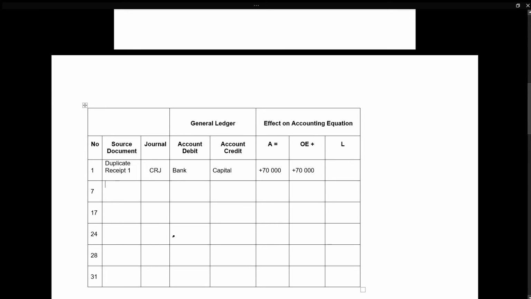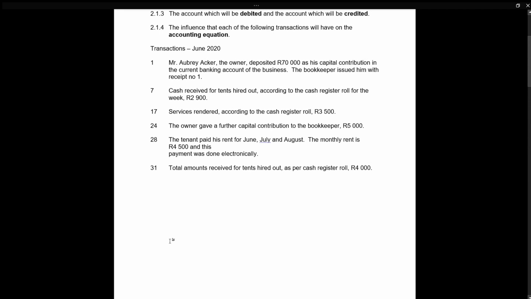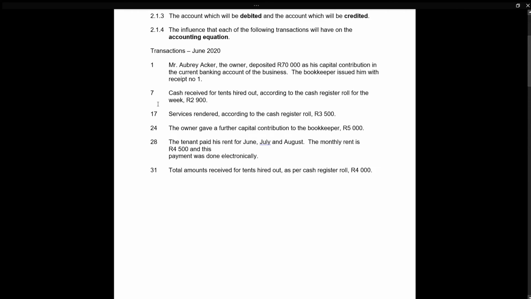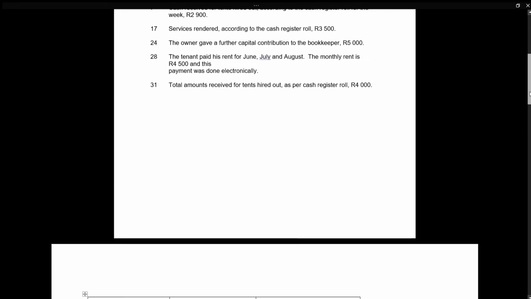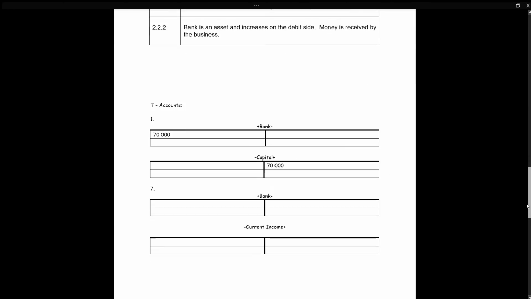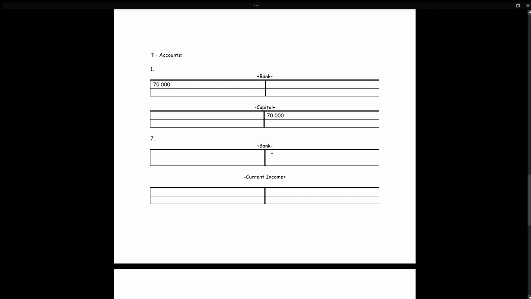Right, next transaction. Next transaction took place on the 7th. Cash received for tents hired out. According to the cash register roll for the week, 2,900 Rand was received. Right, so let's go and do the two T accounts. Bank will be my 1. Remember, one of your accounts will always be bank in grade 8.